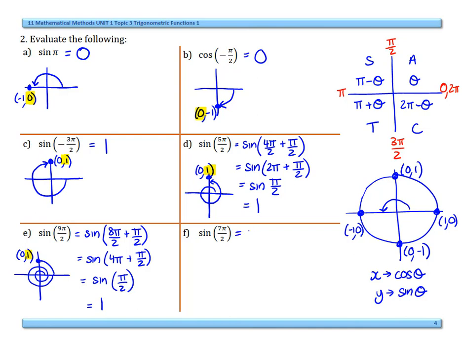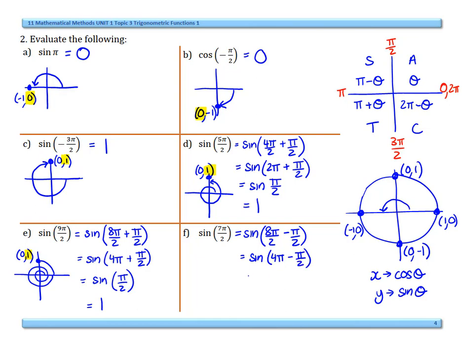Next one, we have sine 7 pi on 2. You go 8 pi on 2, do not go to 6 pi on 2 because you need multiples of pi or 2 pi. So 8 pi on 2 minus pi on 2, that becomes sine of 4 pi minus pi on 2.